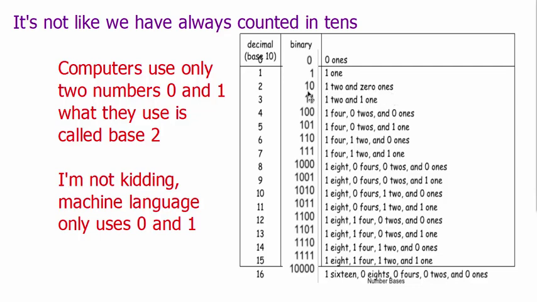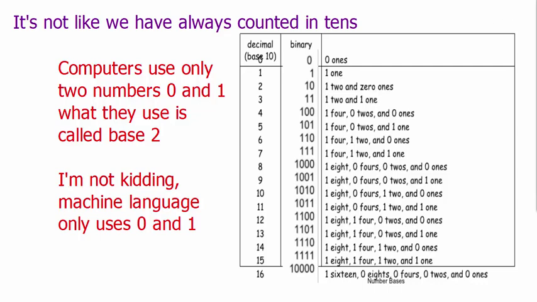That is how we say the number 2 in binary in computer language. 3 is one 2 and one 1. 4 is one 4, zero 2s, zero 1s. 5 is one 4, zero 2s, one 1. Every single one of these numbers can only go up to 1, and then you have to put it in the next space. So 16 looks like 10000 to a computer. This is counting in a different number base than we're used to counting it.